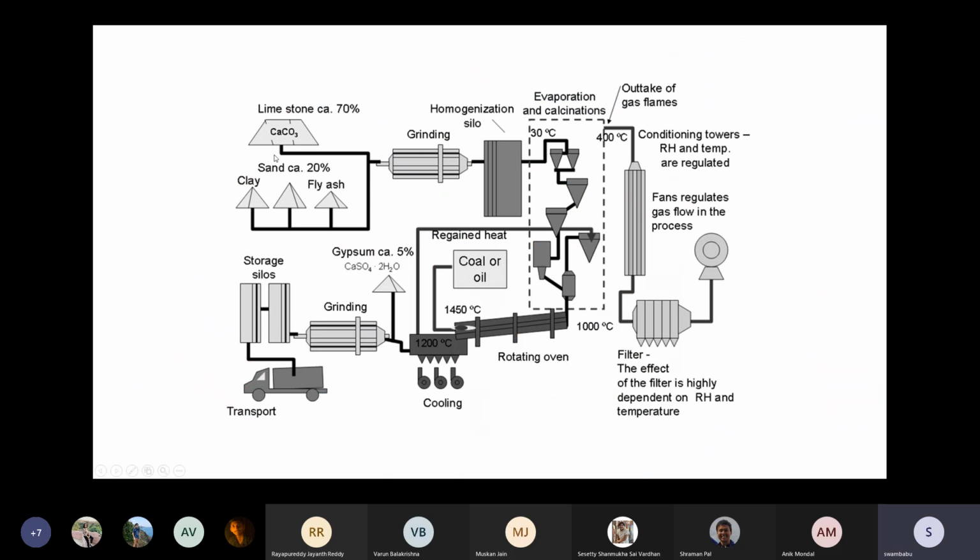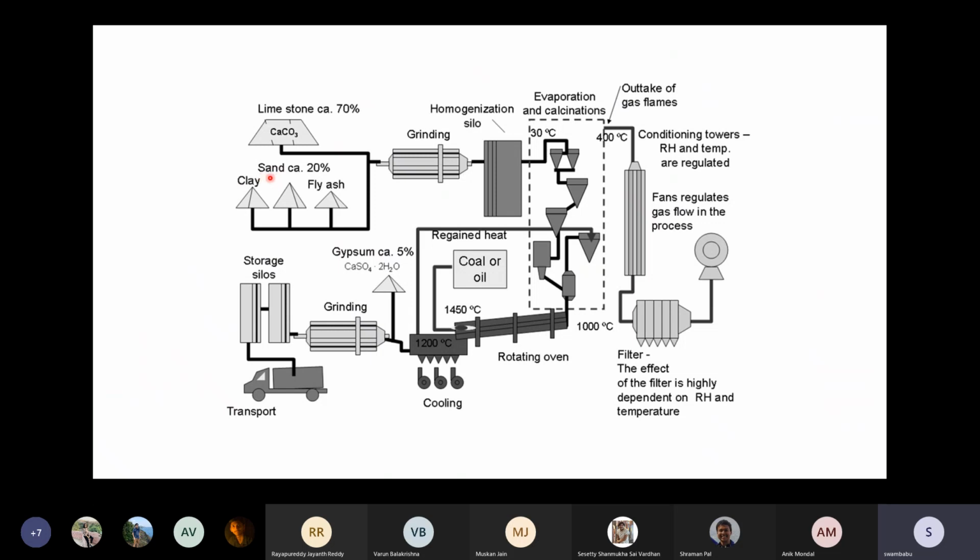So here, this limestone, which is ground to very fine particles, 70% of this limestone is mixed with clay, which contains Al2O3.